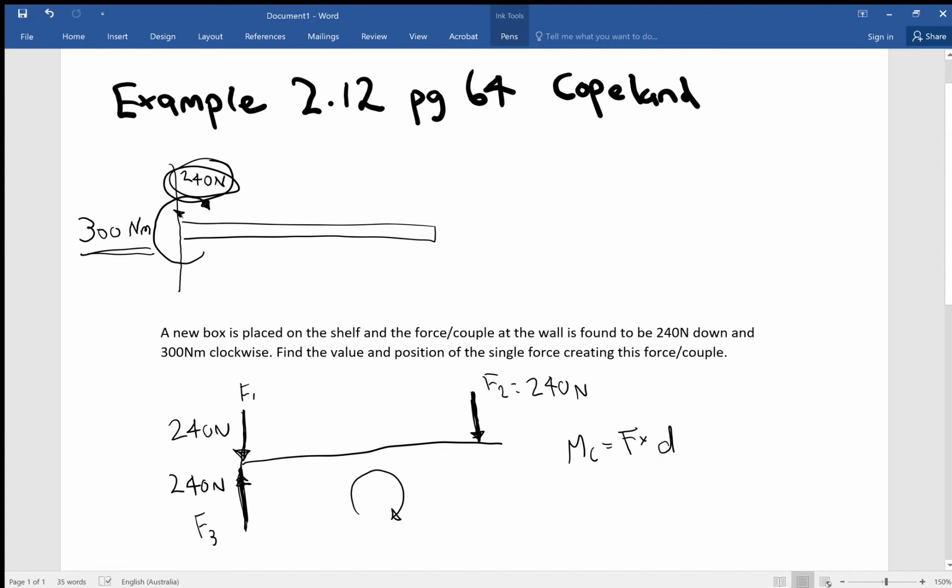We know what our force is acting on the shelf, it's 240 newtons. We need to calculate the distance. So we can say that the moment of the couple, which we know is 300 Newton meters, is equal to our force 240 times d. And then we just have to solve for d.